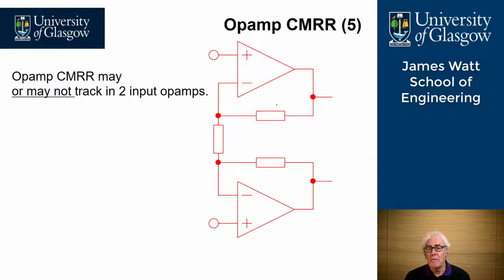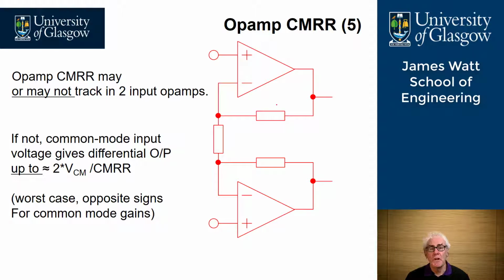If we have two independent and independently packaged op-amps, the common mode rejection may or may not track in those two input op-amps. We have no way of knowing. It depends on how they're designed and how they're implemented.